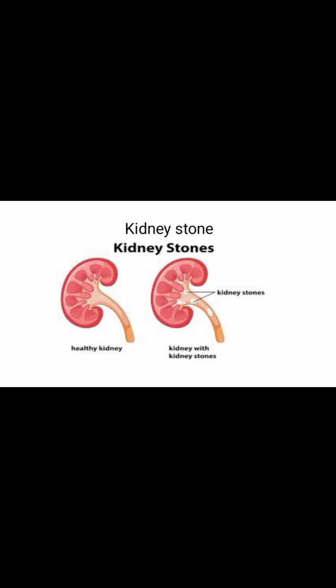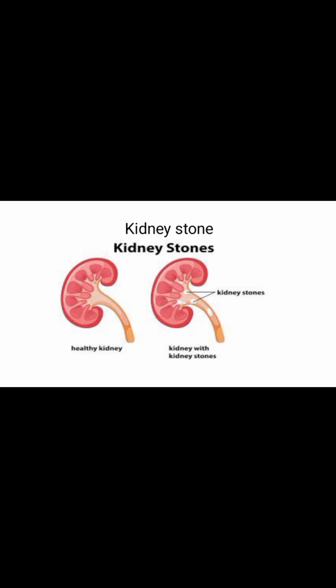Then I move to the next one, which is kidney stone. A kidney stone can be produced when water intake is low and salt intake is high. That is mostly the cause of kidney stone. As a result, small crystalline substances will be produced, and they will then block the kidney tubule, so that it will make the passage of urine difficult.